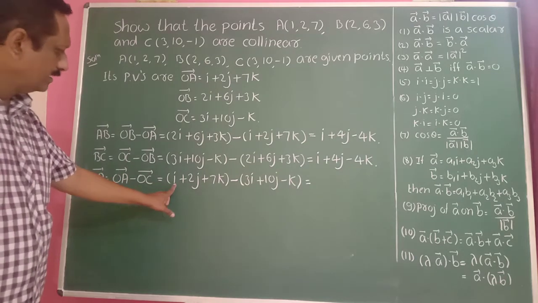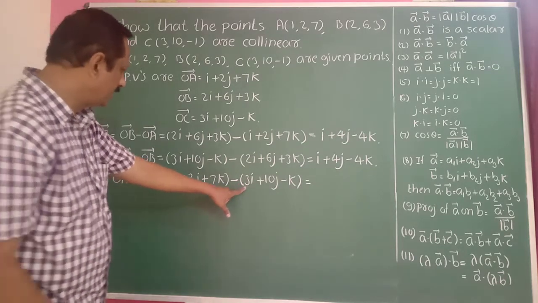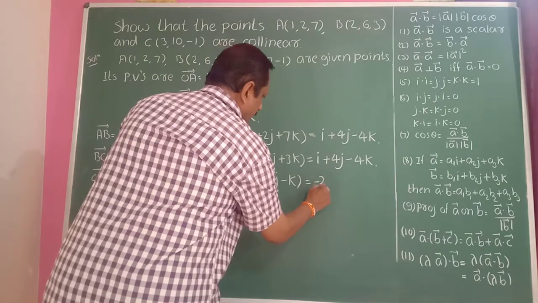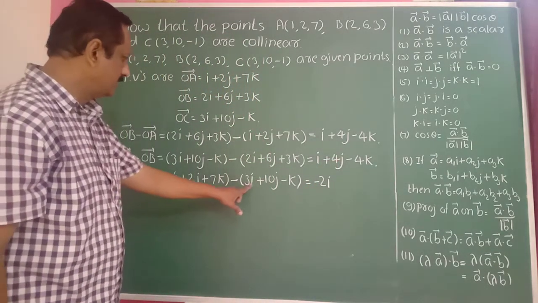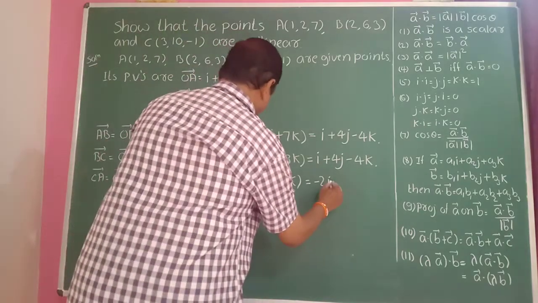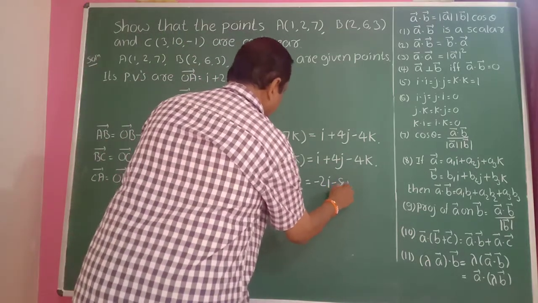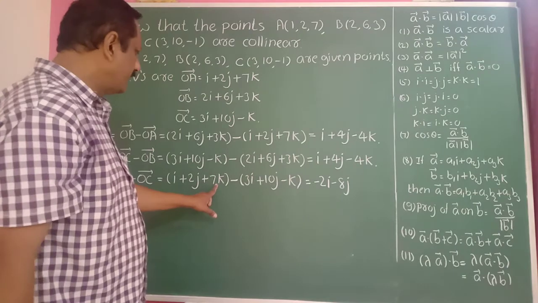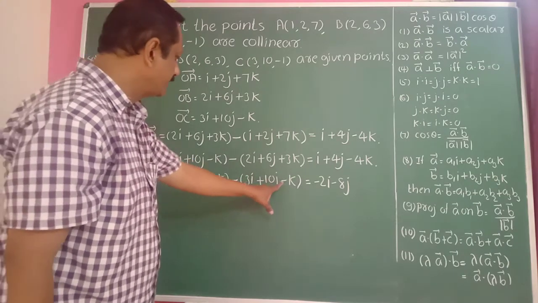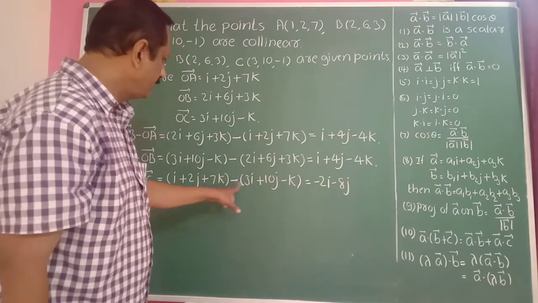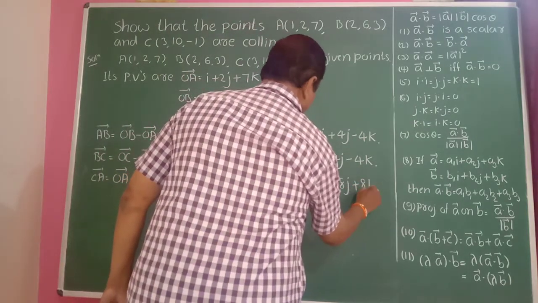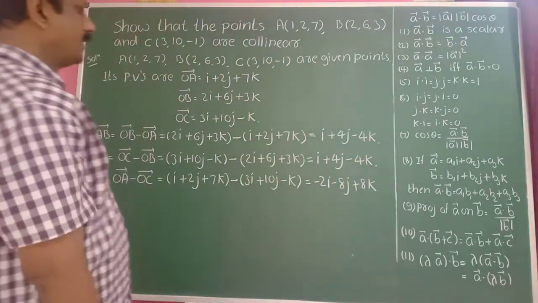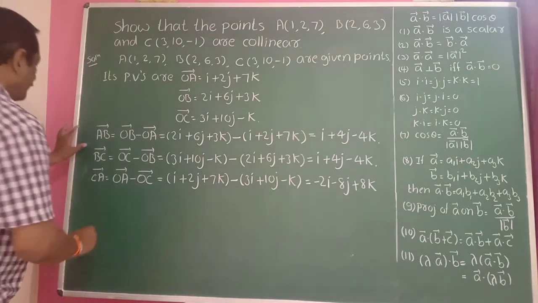So i minus 3i is minus 2i, 2j minus 10j is minus 8j, 7k minus minus k becomes a plus, 7k plus k becomes 8k.